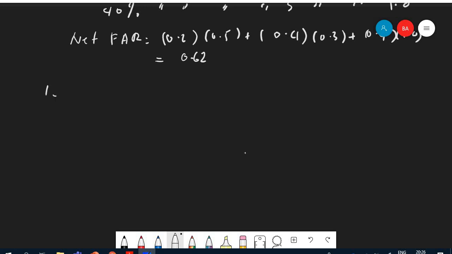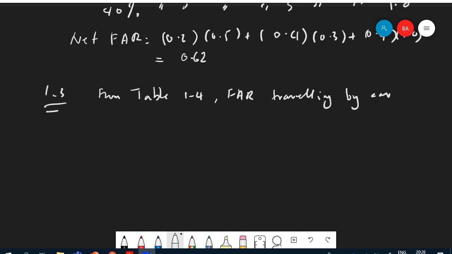So what do we have for problem 1.3? From table 1.4, we already know that the FAR traveling by car is equal to 57 deaths per 10 to the power of 8 exposed hours.